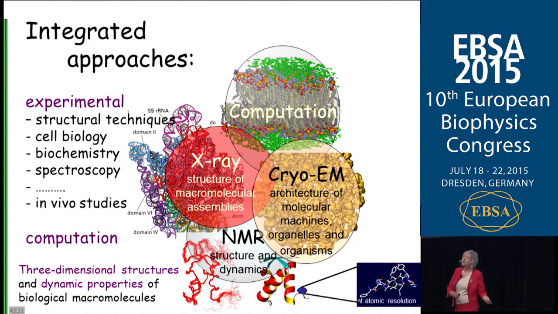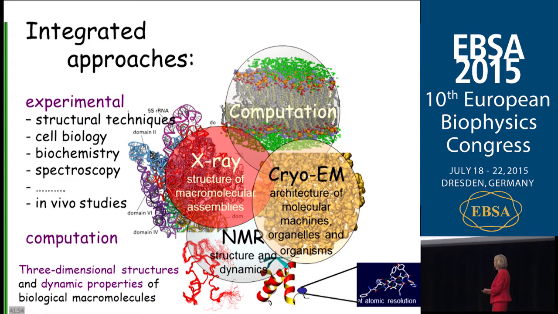Now, in addition to all of the structural techniques, we should not forget that we can get an awful lot of information from other methodologies. And I very much believe that we have to integrate a lot of experimental techniques, structural as well as cell biology, biochemistry, spectroscopy, and put all of this together with in vivo studies, because what in the end we want to do is understand what a particular macromolecule does.